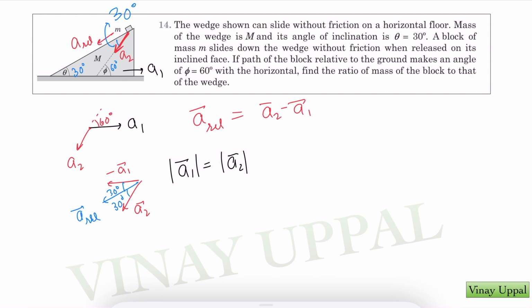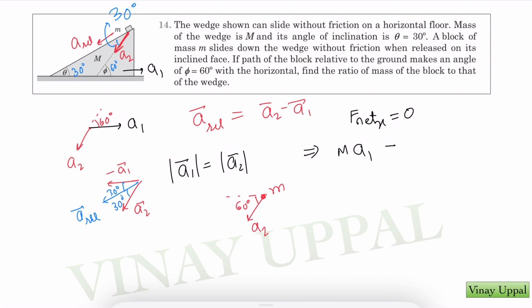Anyway, now that we have that the magnitude of acceleration of the block in the ground frame and the wedge in the ground frame are equal, I'm going to say that there is no net horizontal force on the system. The net horizontal component of the force is 0, and therefore I can write the mass of the wedge into A1 minus, the block has a component of A2 cos 60 in the horizontal direction. That is a component of acceleration, but it's in the left direction.